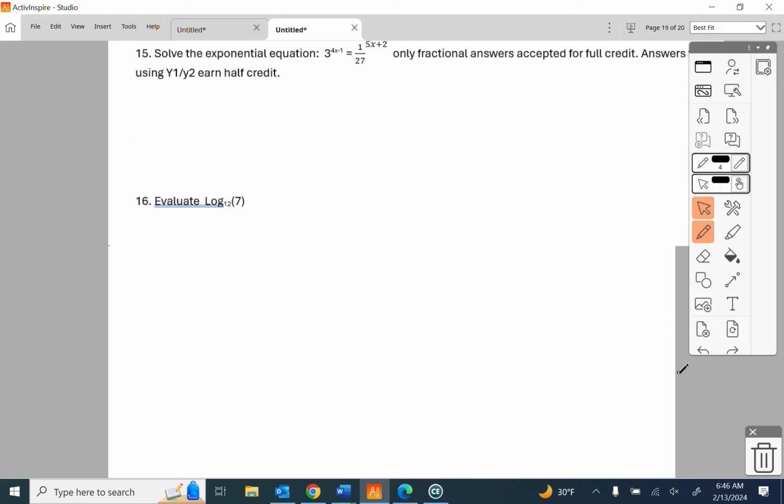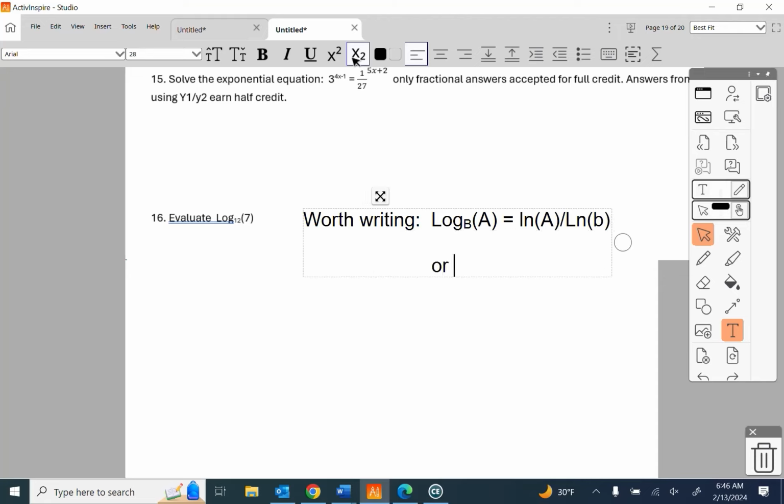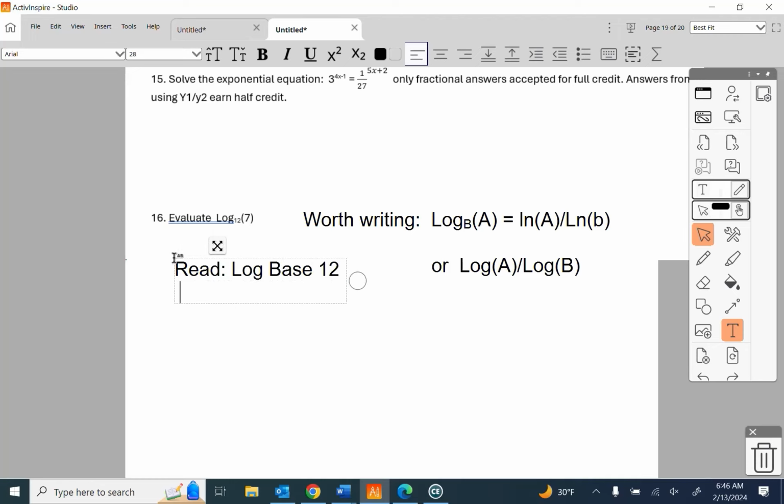16 is evaluate. And again, it's worth writing things down. It is worth writing that log base B, argument A, is equal to the ln of A over the ln of B, or the log of A over the log of B. So when I look at log base 12 of 7, that's how I read this: log base 12, argument 7.